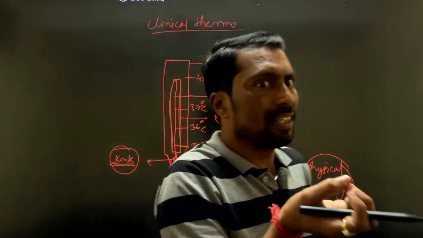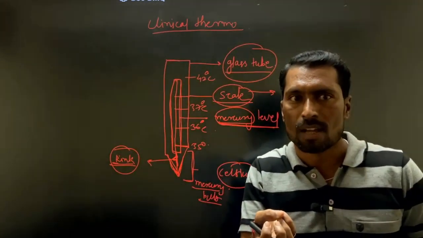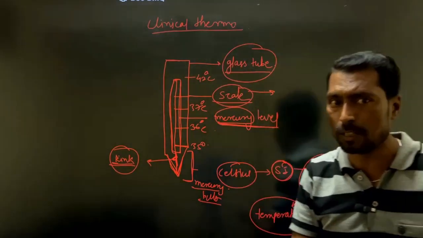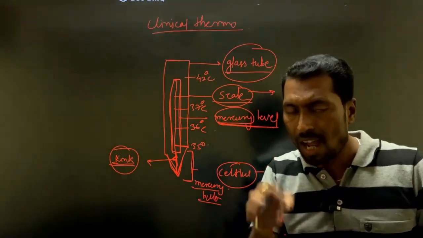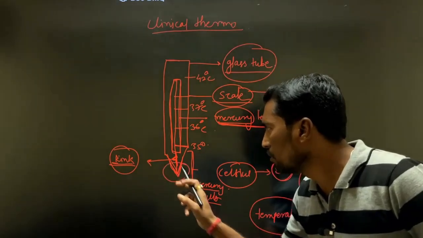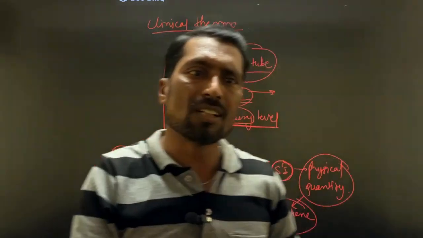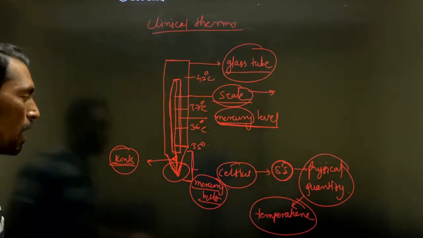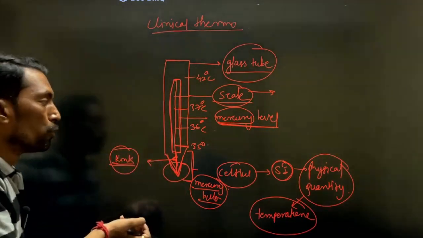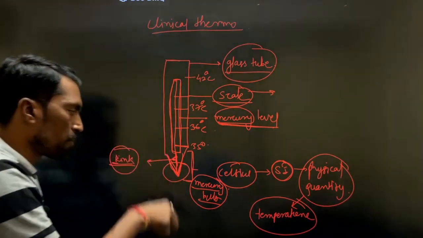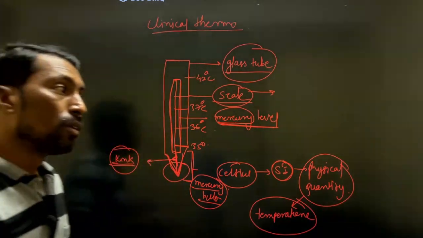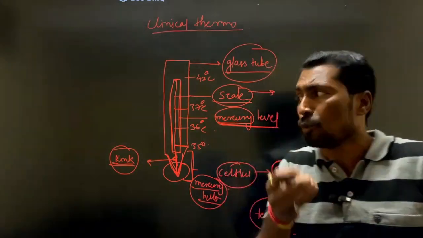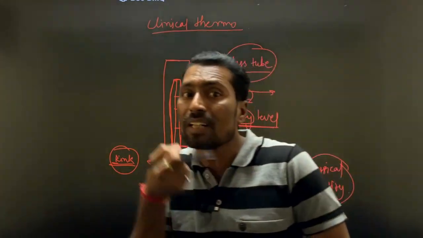For example, we take a liquid, water, and to measure the temperature of that water, we dip this clinical thermometer, inserting it into the water with the help of the mercury bulb. From the mercury bulb we can analyze how much the temperature is. So this is how to measure it, by dipping the mercury bulb. For example, if we measure body temperature, that bulb should be placed below the tongue.